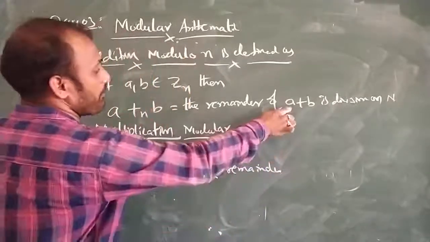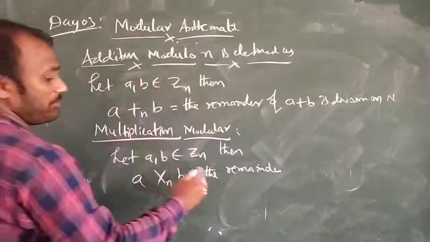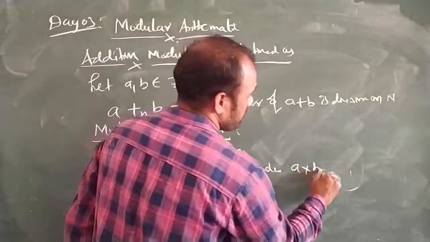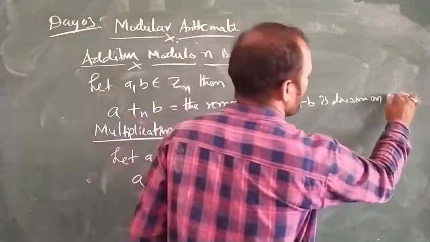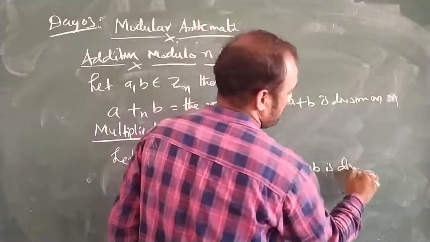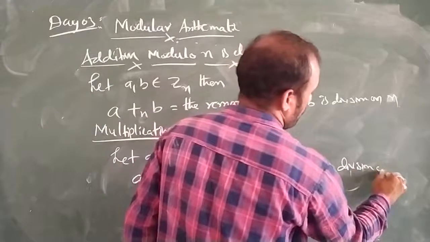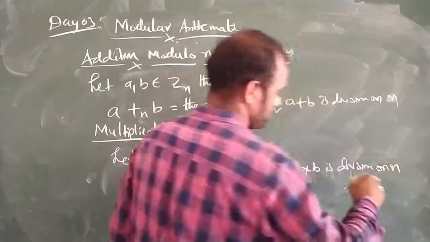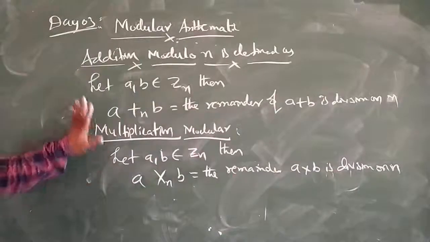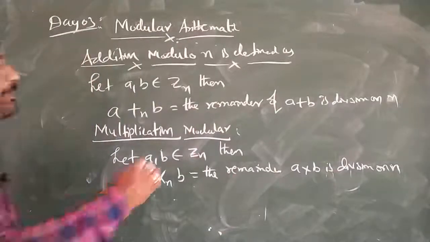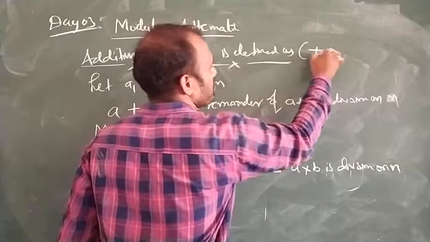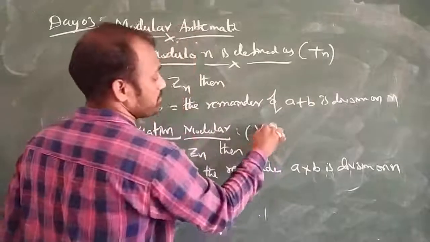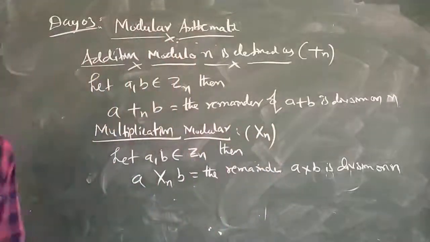Here we took a plus b because it is addition; here it is multiplication, so a times b is the remainder of the division on n. So these are the two definitions, addition modulo and multiplication modulo. To understand clearly, let us take a question.